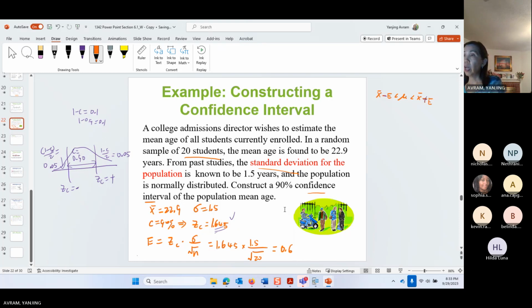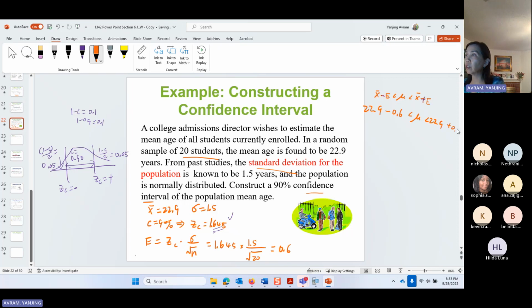And then my x bar is 22.9. So we have 22.9 minus 0.6, and the other side is 22.9 plus 0.6. This will be 22.3, and this will be 23.5.